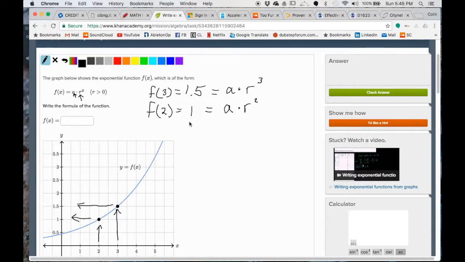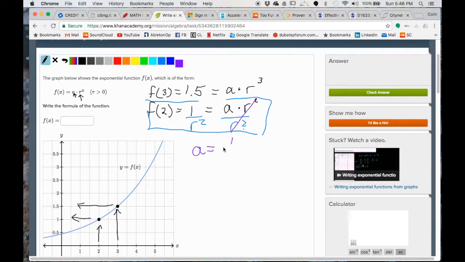Probably the best idea for this would be to put one of them in terms of a. So we'll divide both sides by r squared, and we'll get this function right here in terms of a. So we'll have a equals 1 over r squared. So this will cancel out.